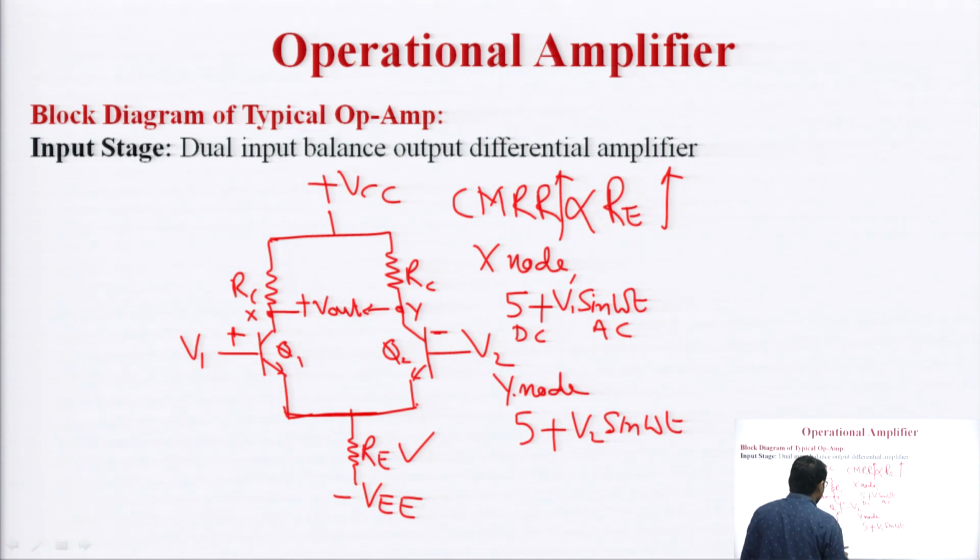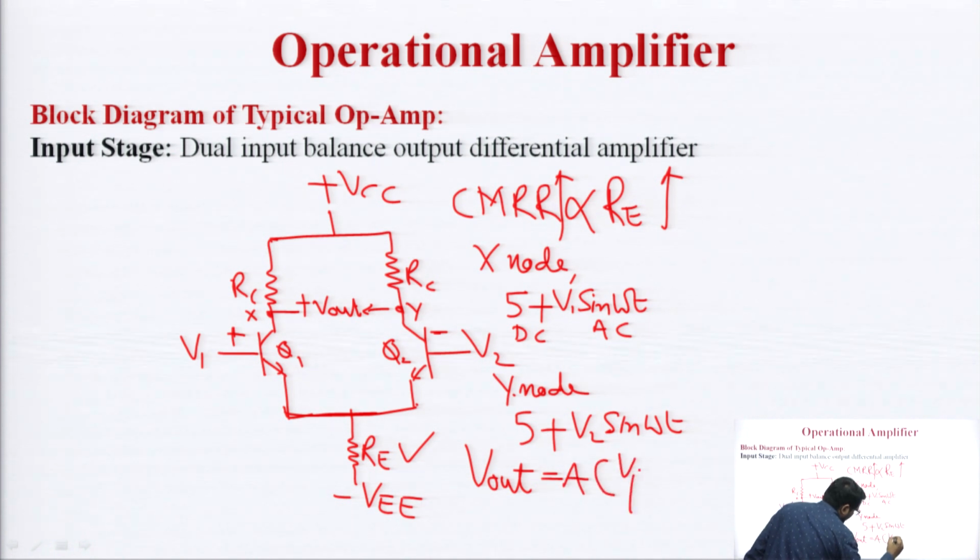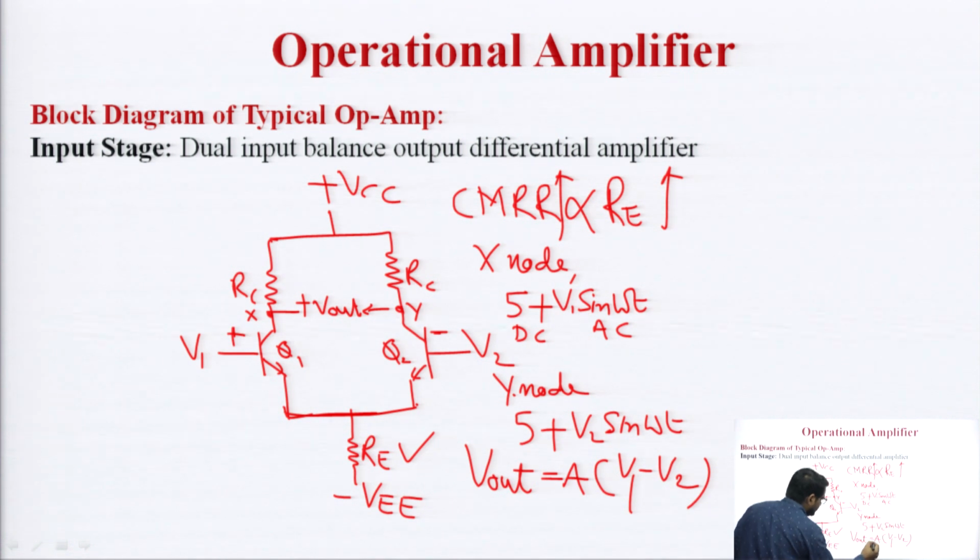So, both nodes have two voltage components, DC and AC, and by the quality of a differential amplifier, the output will be A times (V1 minus V2), where A is the gain of the amplifier.